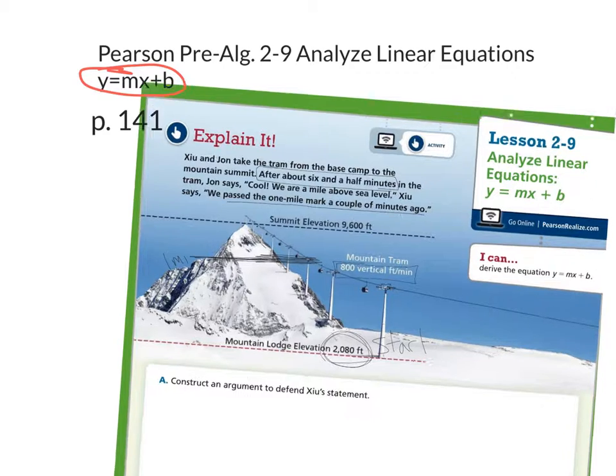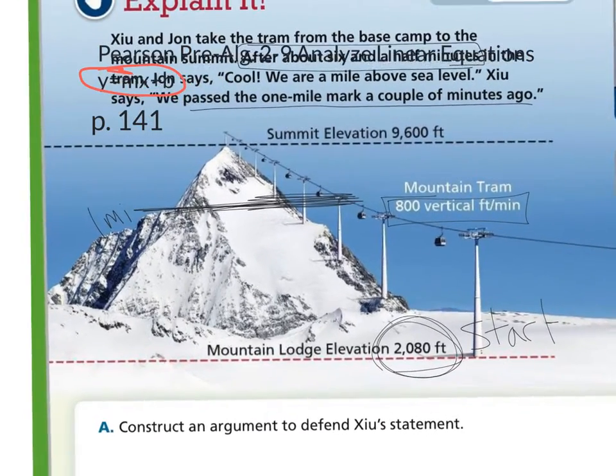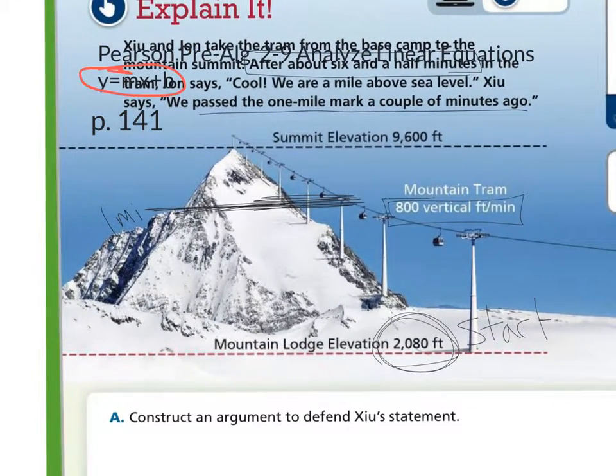So looking at the picture, a couple things to make note of. We have the mountain lodge elevation of 2,080 feet here, where the red dotted line is. That is the starting point. That's where they're starting at.